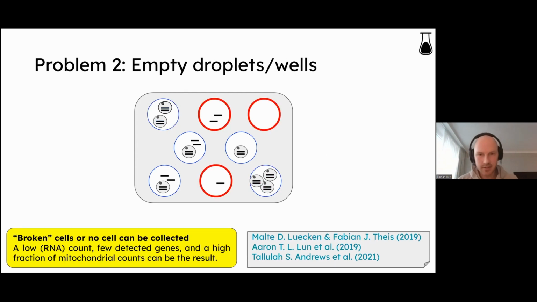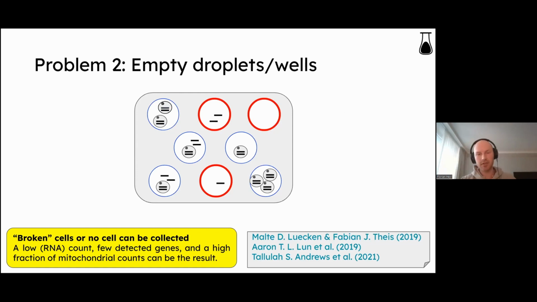This second confounder are empty, quite often called emptyplets, meaning empty droplets or wells. What happens? The opposite to capturing more than one cell is you capture no cell. That does not mean immediately that you have actually no data. It can actually still mean that you get some reads from these empty wells.